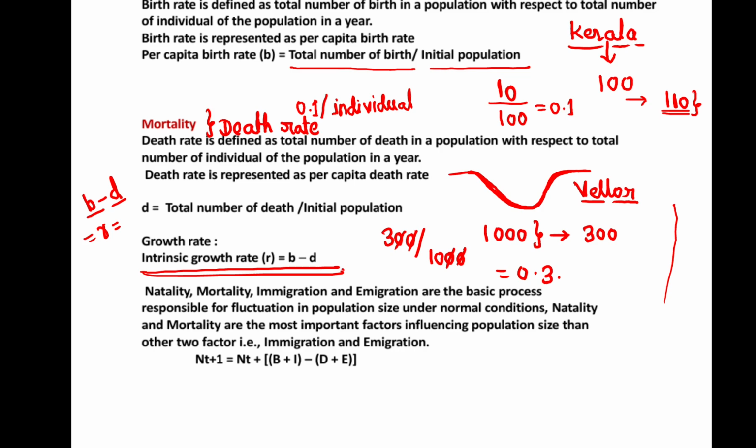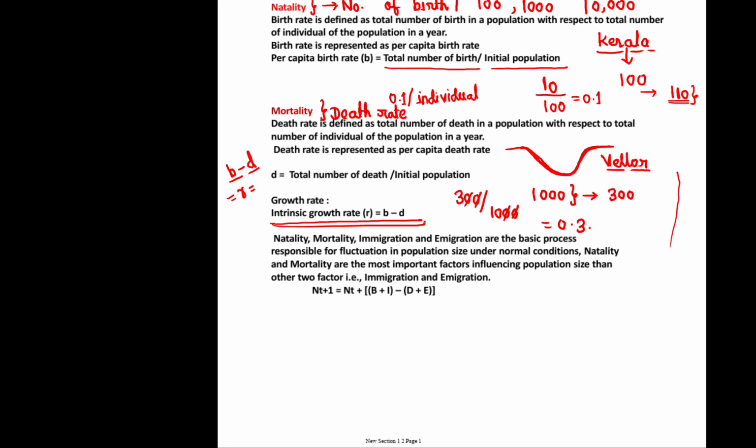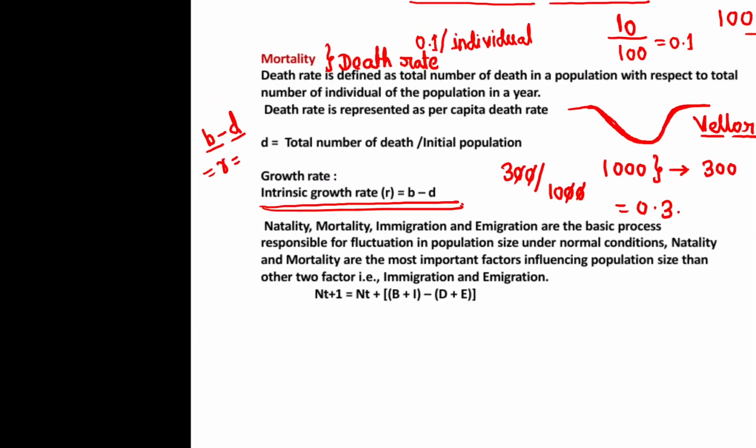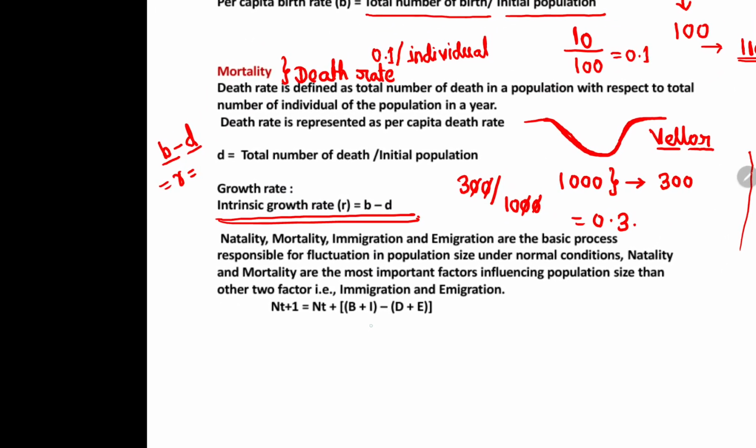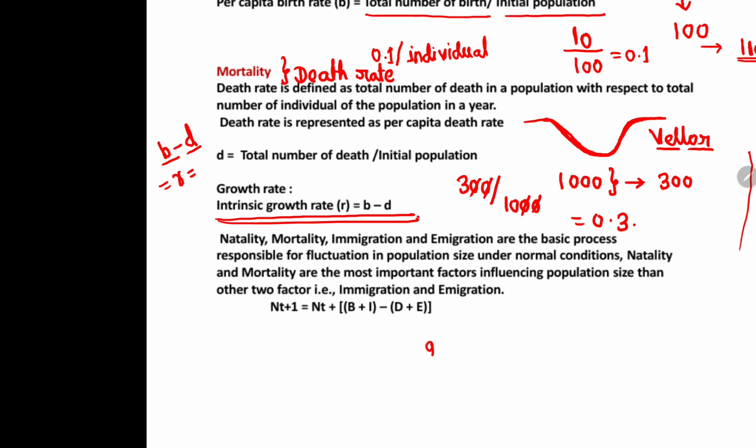Now we have to understand one point, students. If I have one given population, whenever there is immigration, I for import, that means new individuals are introduced in that population, and the population size will increase.